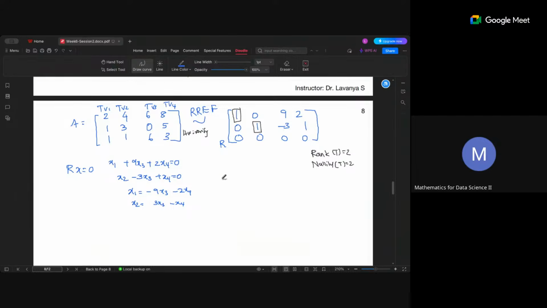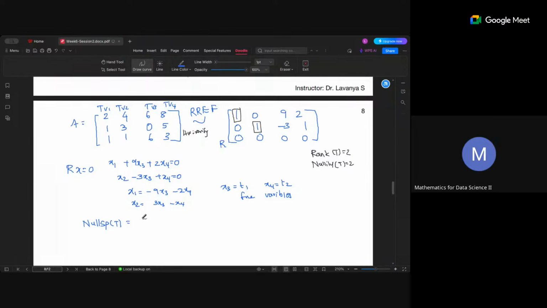Let's choose x3 as t1 and x4 as t2. These are the free variables. The free variables contribute to nullity, so you see that nullity is 2 here. How do we figure out the null space?